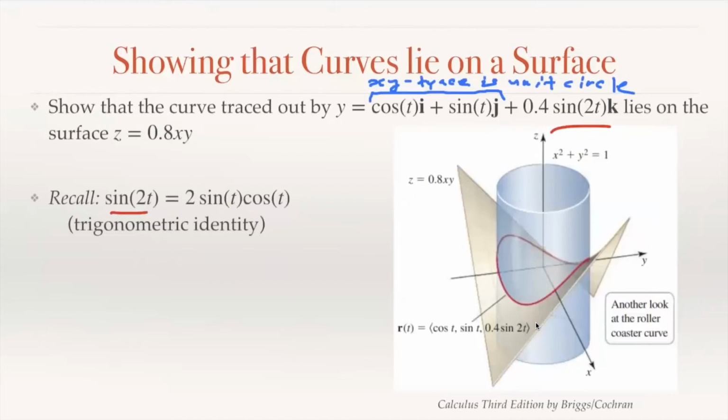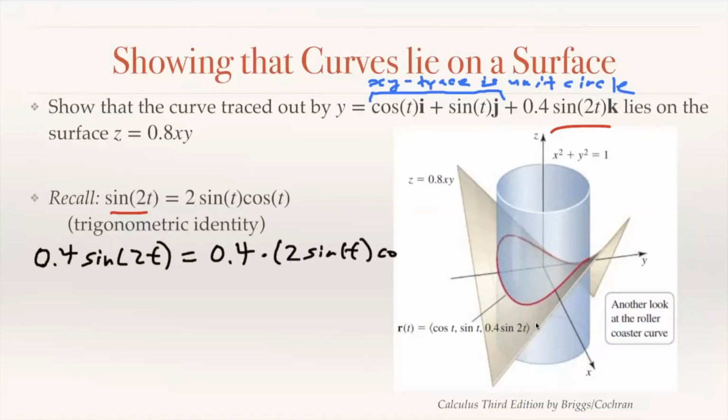So, we know that 0.4 times sine of 2t, well, must be equal to 0.4 times 2 sine t cosine t by that double angle formula. Okay, but this guy is our z.